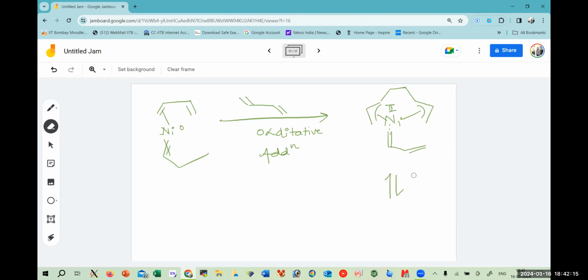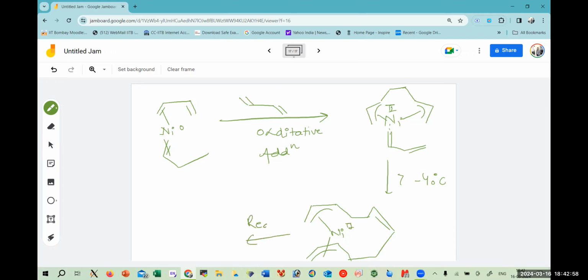Now at greater than -40 degrees Celsius, this whole group would undergo a rearranged product, which would be like 1, 2, 3. So this would form a nickel, again in +2, it's just a rearrangement.